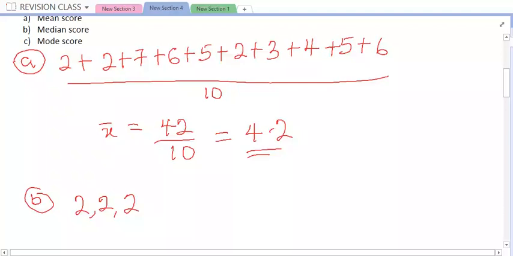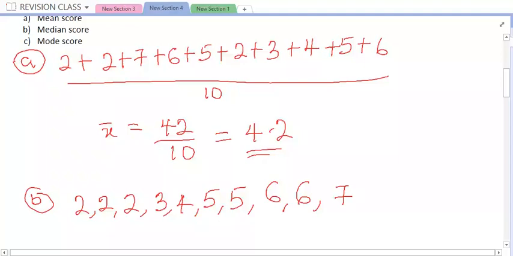Then we have 3. It occurs just one time. Then we have 4, occur just one time. Then we have 5, occur twice. Then we have 6, also occur twice. Then we have 7. So let's count how many data. 1, 2, 3, 4, 5, 6, 7, 8, 9, 10.